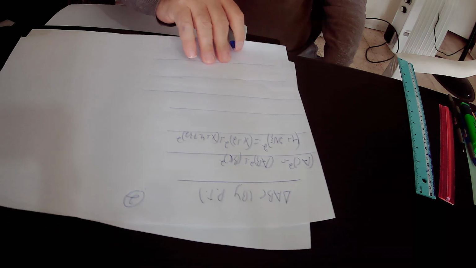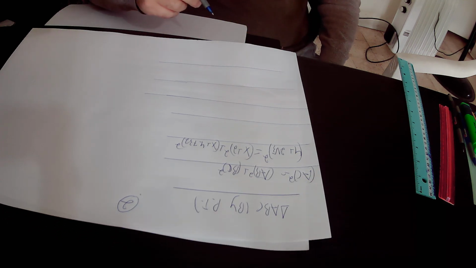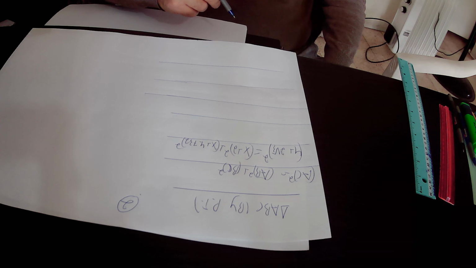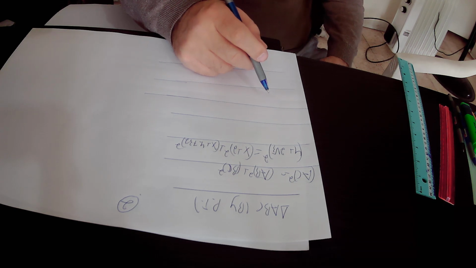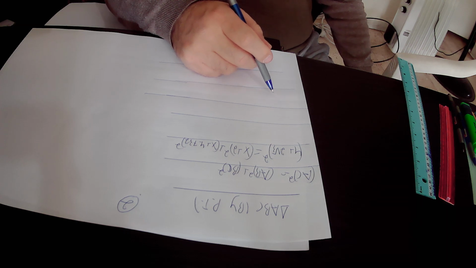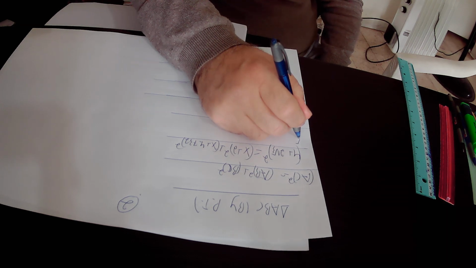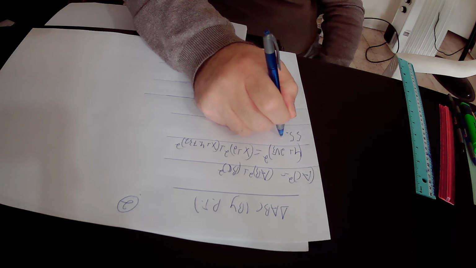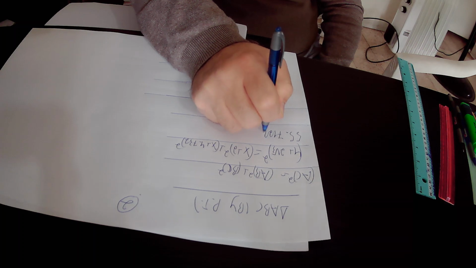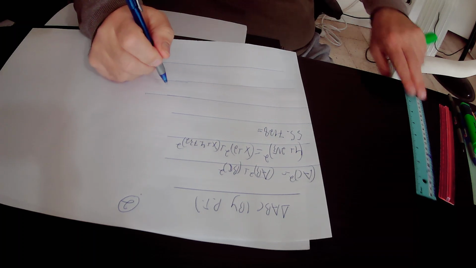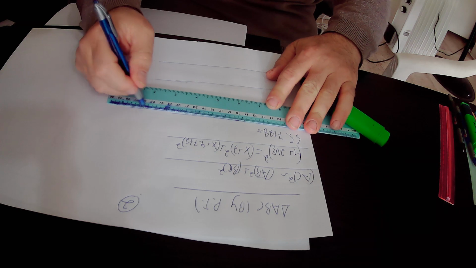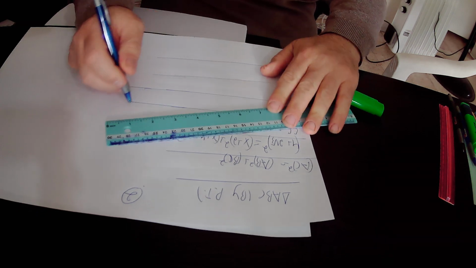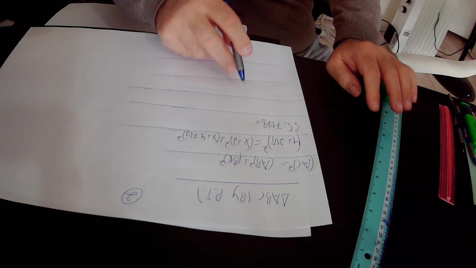In conclusion, we have found out that 4 plus 2 times square root of 3 squared equals x plus 2 squared plus x plus 4.732 squared. 4 plus 2 times square root of 3 squared equals 55.7128, and it equals x plus 2 squared.